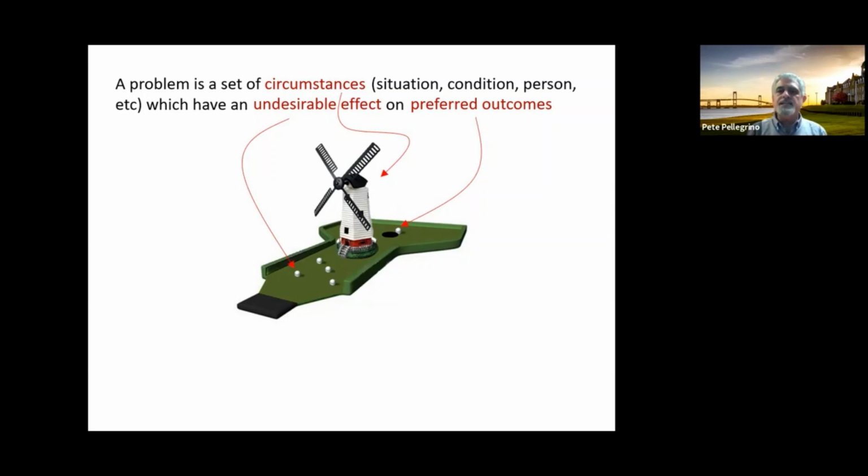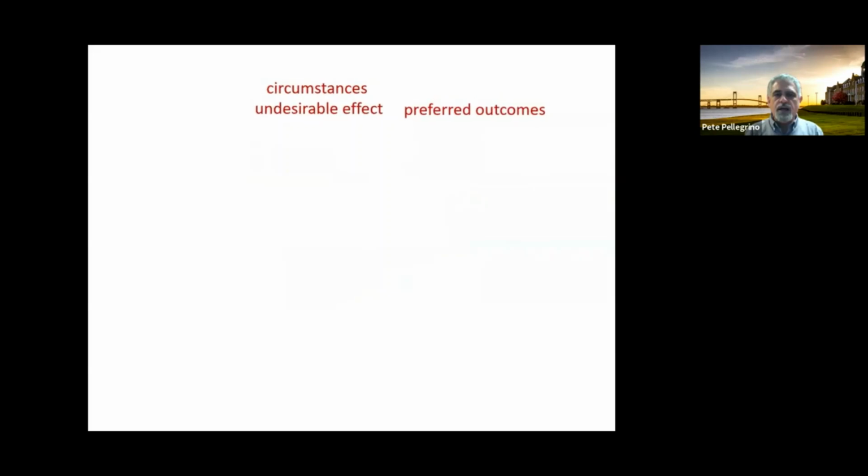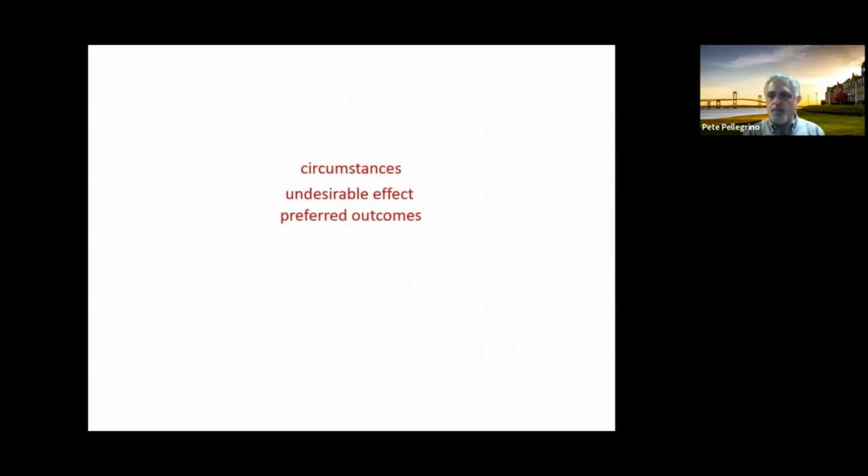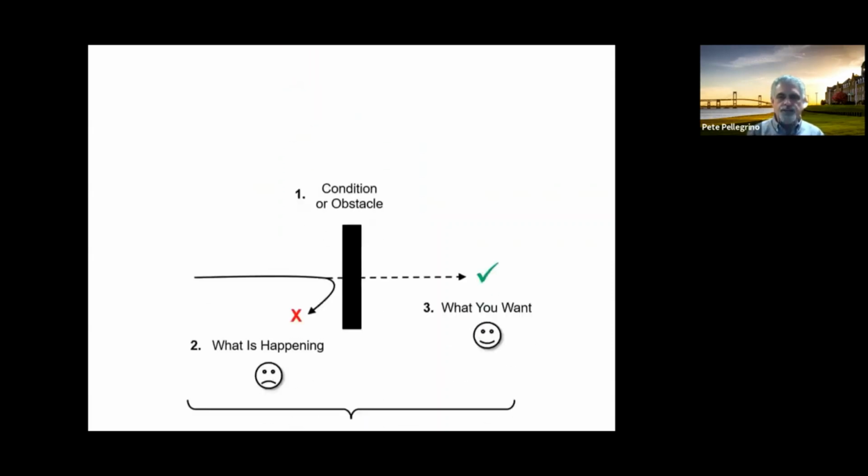Because apparently that situation, condition, or person is having an undesirable effect on preferred outcomes. So the three parts that I want you to think about when we say problem statement is that you're thinking about a circumstance which creates an undesirable effect versus a preferred outcome. Three parts, all right? And these three parts are important as you cascade along and start to develop towards gaming objectives that you think are going to aid the sponsor.